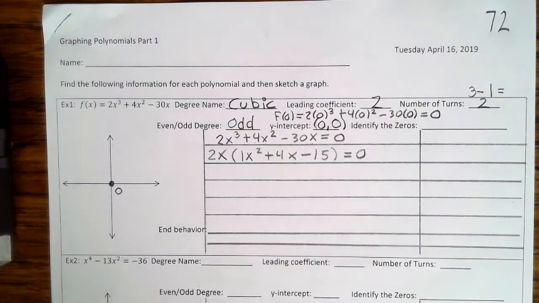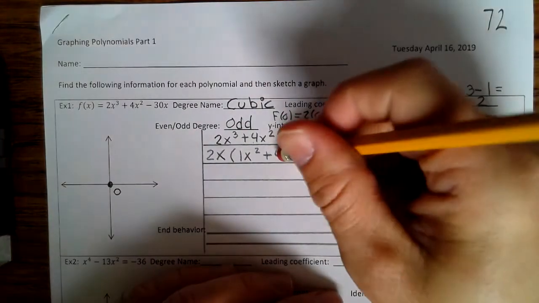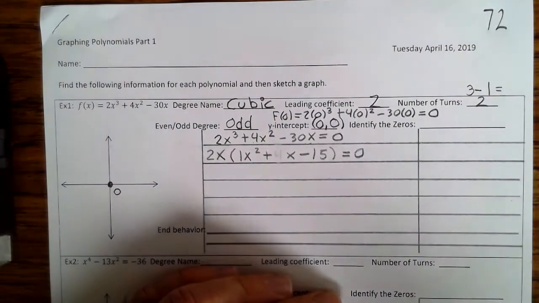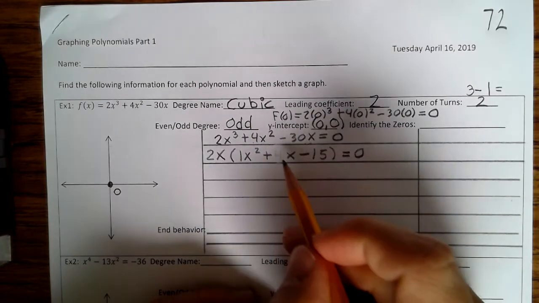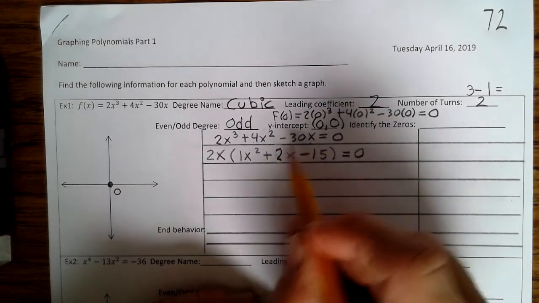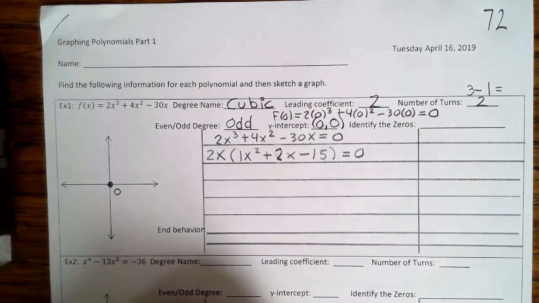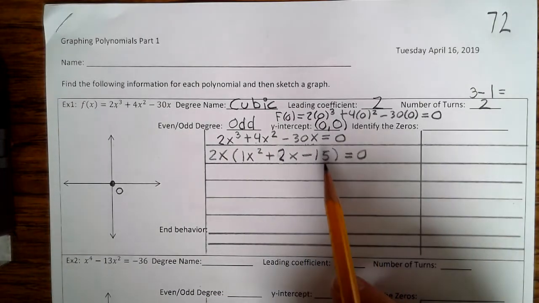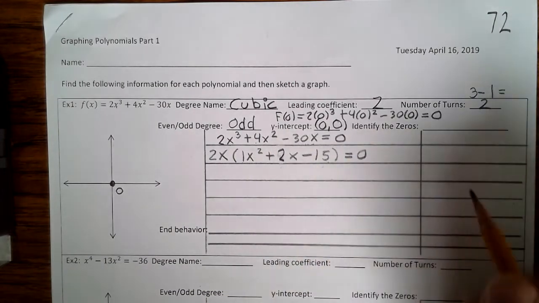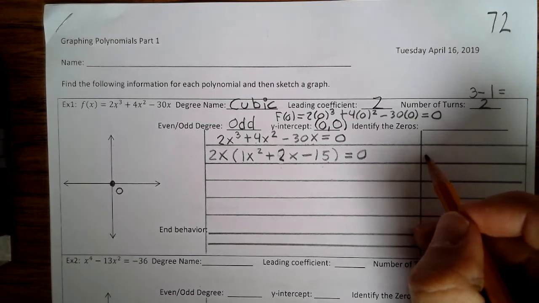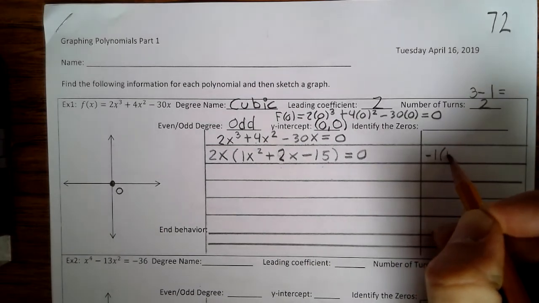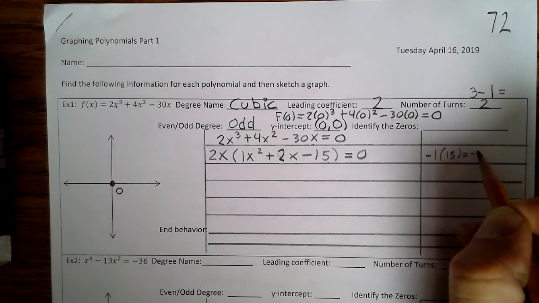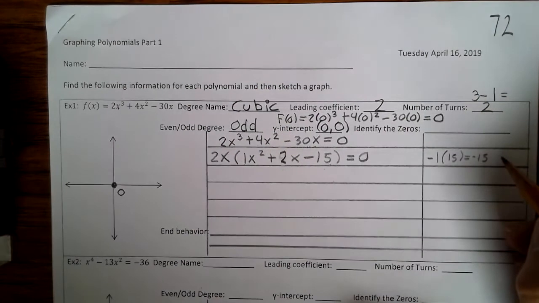Okay, now, almost made a mistake there. 2 divided by 2 is 1, 4 divided by 2 is 2, and then negative 30 divided by 2 is negative 15. Okay, now we need to find all the combinations to make negative 15 and combine to be 2. So, negative 1 times 15 is negative 15, and then negative 1 plus 15 is 14.